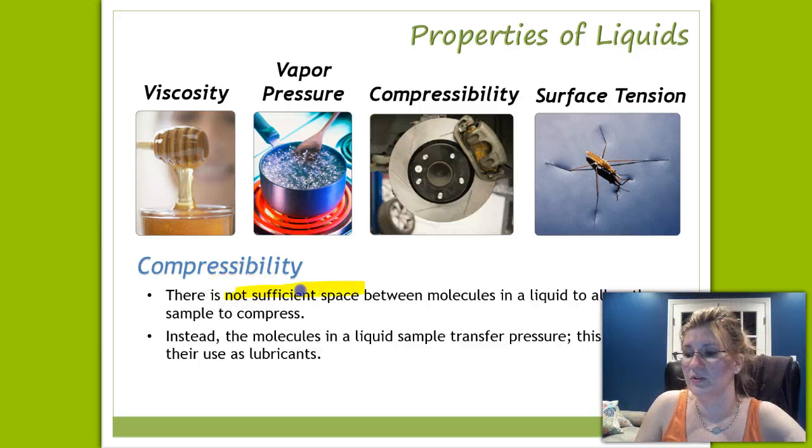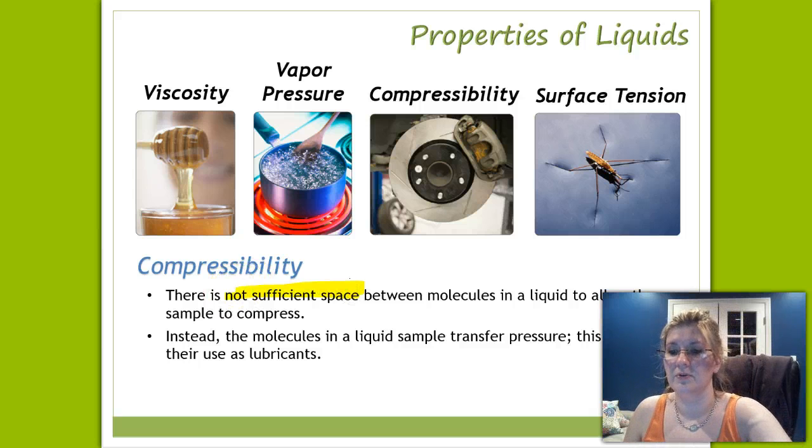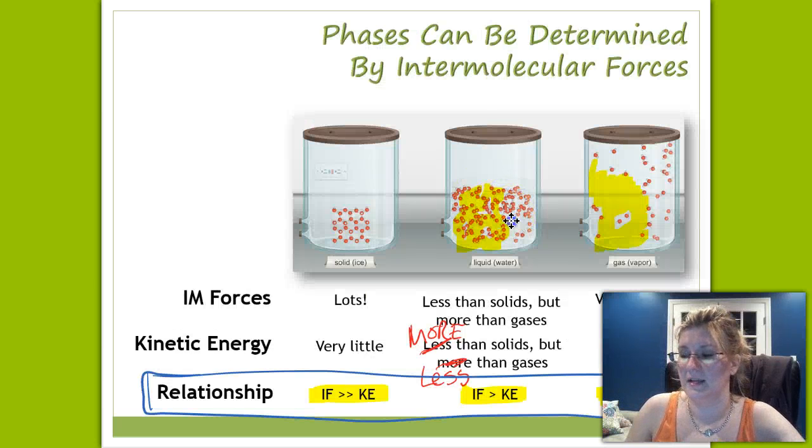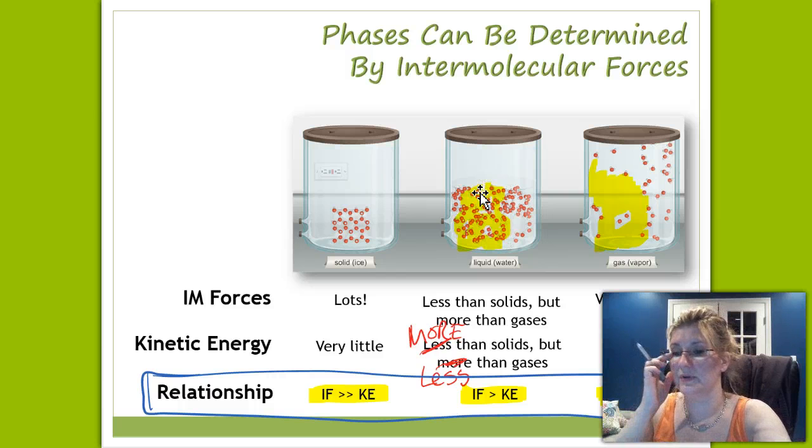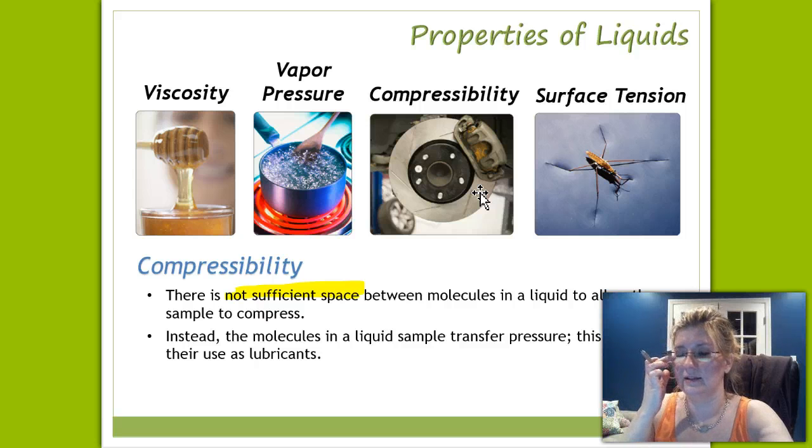Remember, we're just starting to grow that space between molecules as we phase change from a solid to a liquid. So there's not enough space. If we start pushing them together, they're going to reform as the solid. And so we don't have that ability as easily to compress them. Instead, the molecules in a liquid transfer pressure.